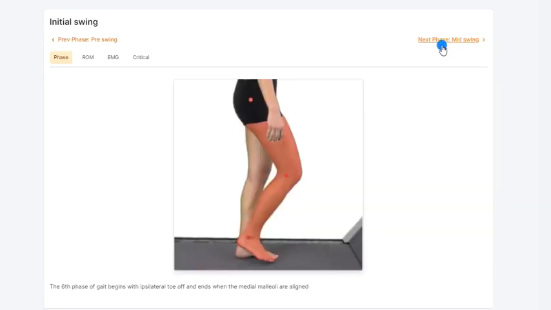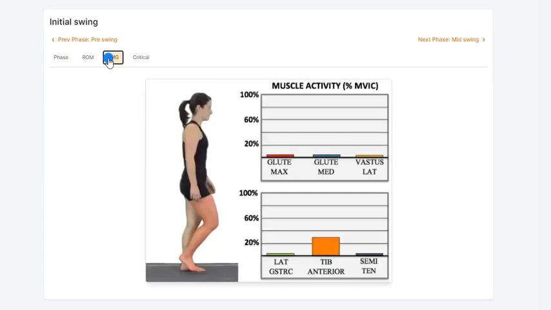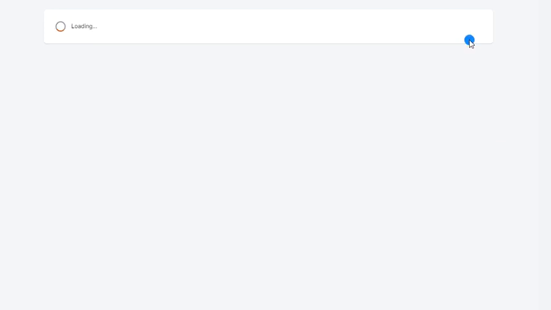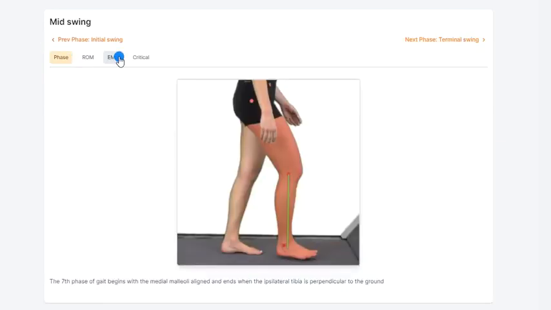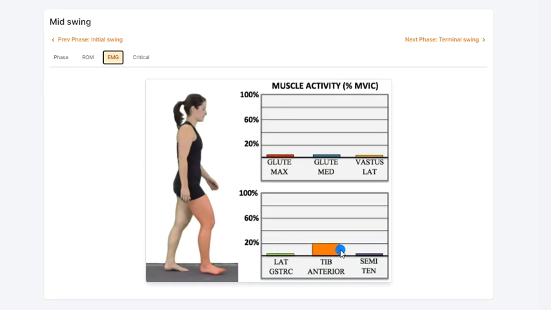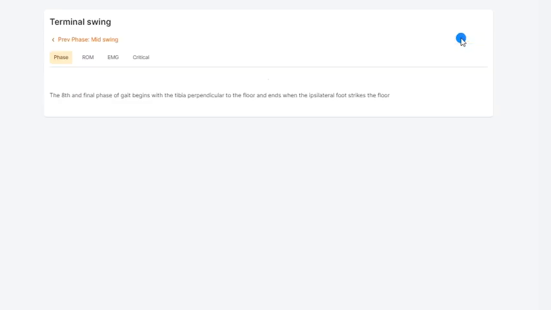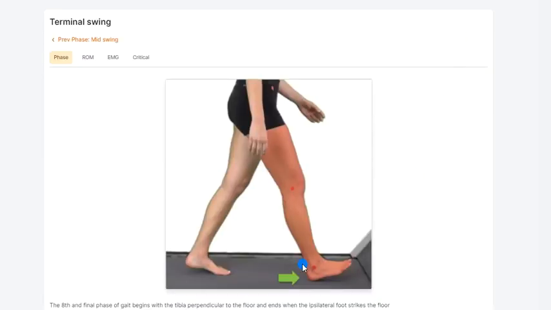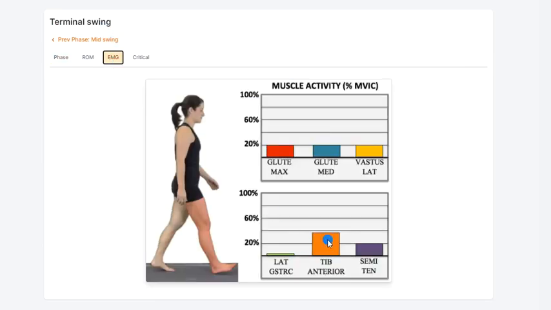But the foot and the leg is priming up for that knee flexion activity, and it's moving at this point. So tibialis anterior is active, and in this phase, we're looking at terminal swing and how the EMG activity is significant there.